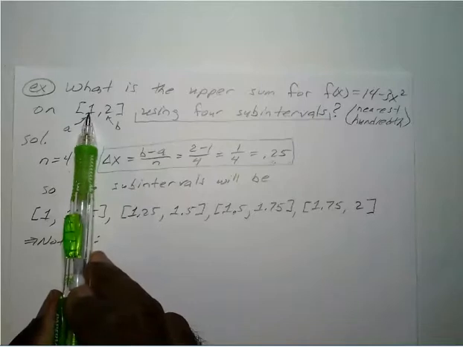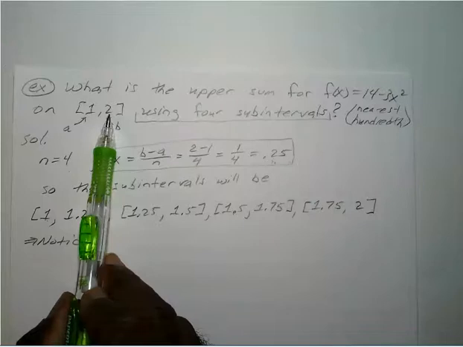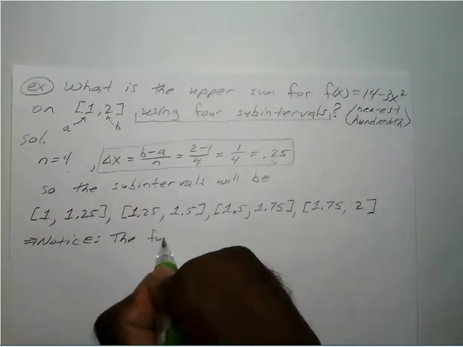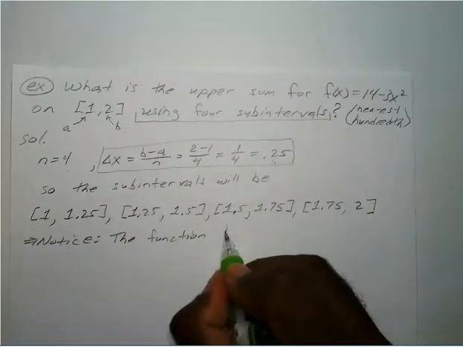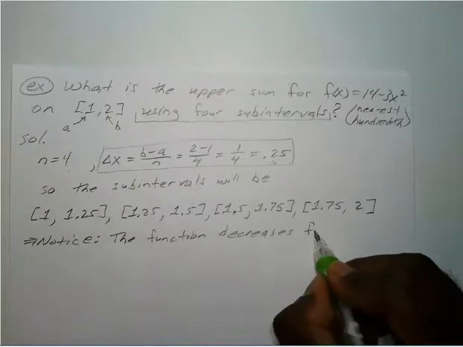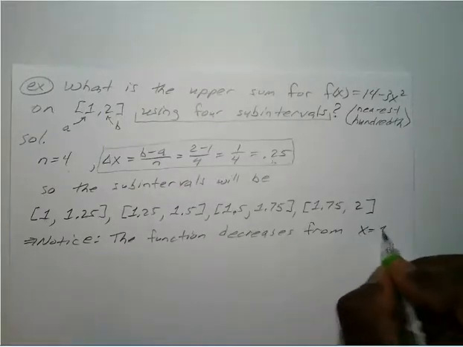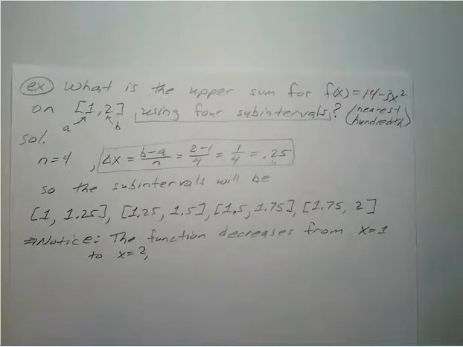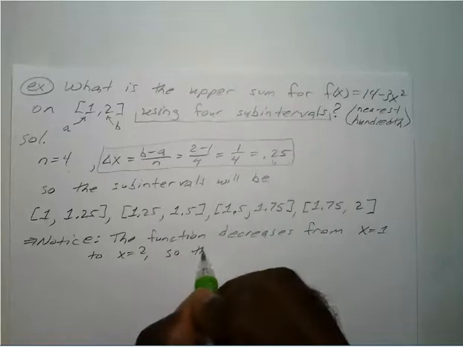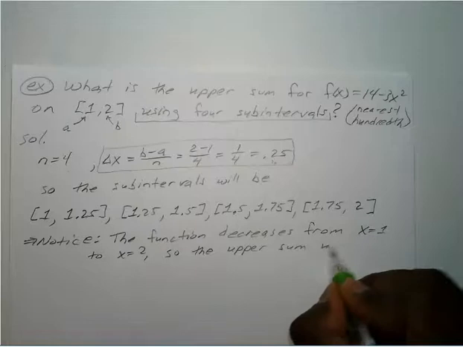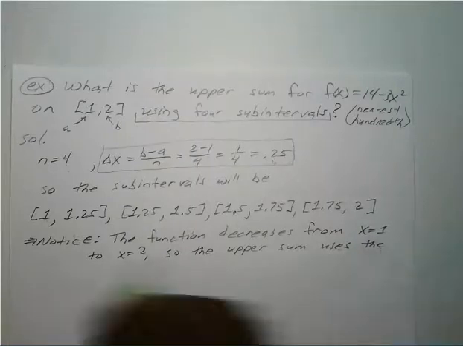The value for x equals 1 is larger than the value for x equals 2, so the function decreases from x equals 1 to x equals 2. Okay, so the upper sum uses the left endpoint.